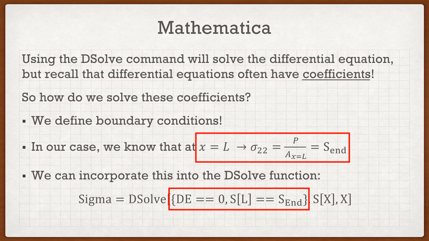But inside of that first component, I put the squiggle brackets, and I put in 2 arguments. My first argument is the differential equation dE is equal to 0. So this is from before, that's nothing new. But then I put a comma, and I put in my second argument. And this is the boundary condition right here, where I put S of L, so the stress at x equal to L, is equal to S-end.